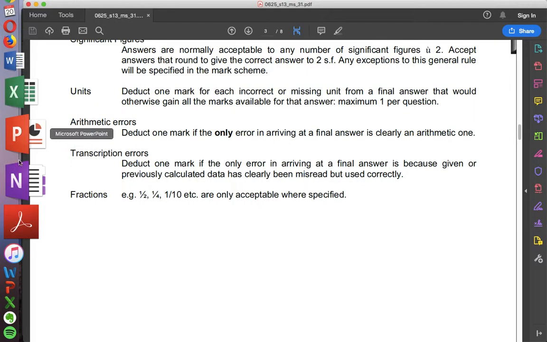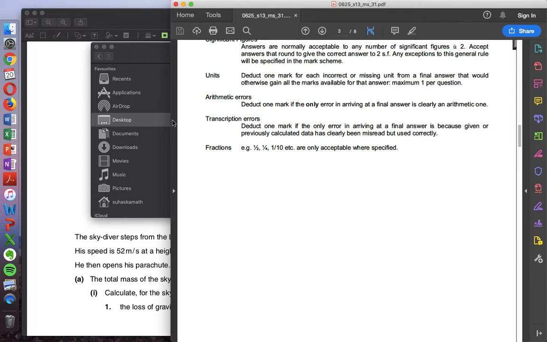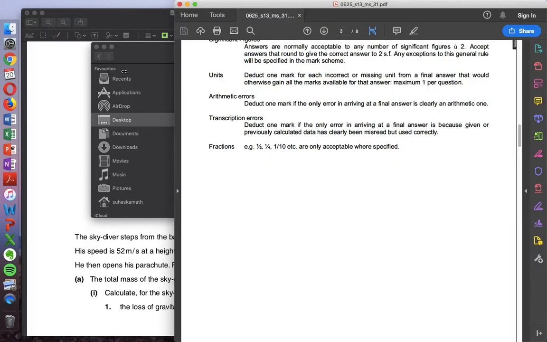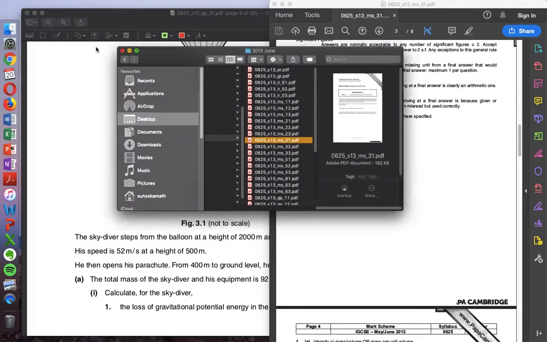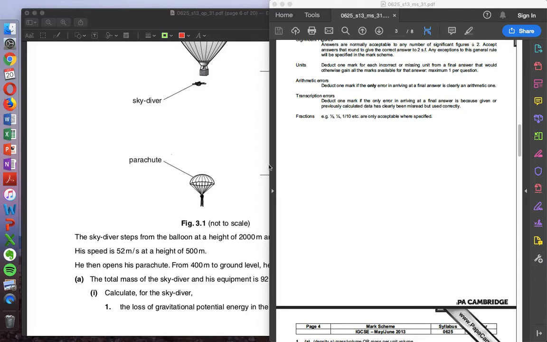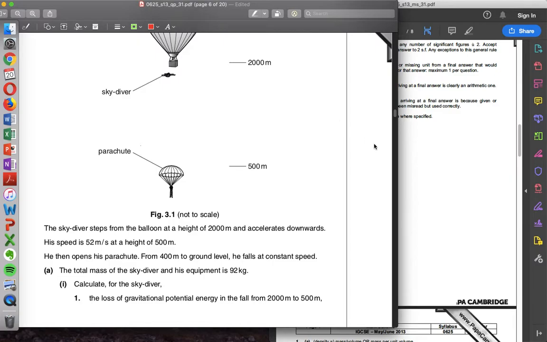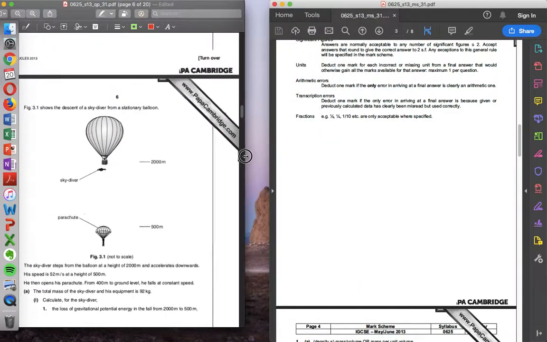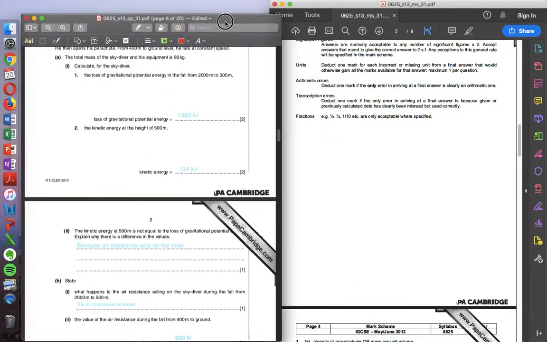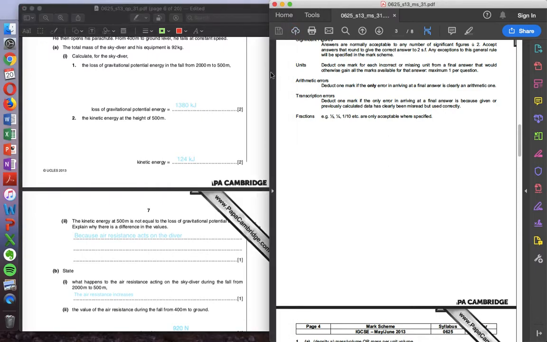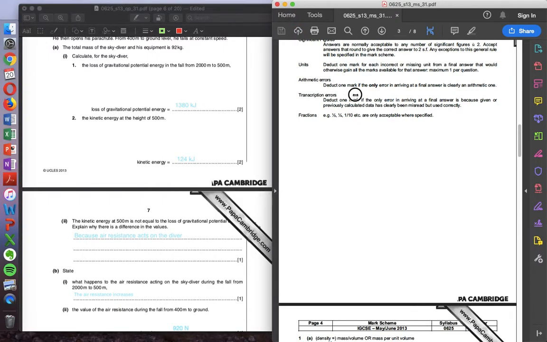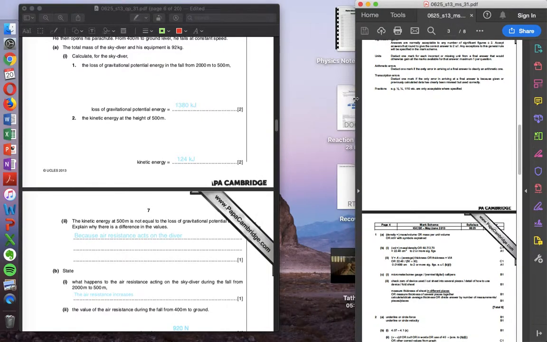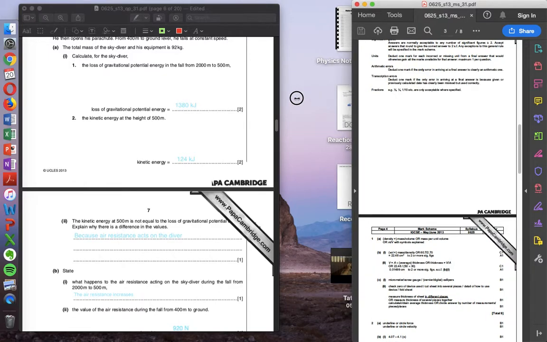I don't know how to do it on a Mac. I'll minimize this one, close this one. Oh man, I shouldn't have closed that. Reduce the size of this one. Too large, too small.